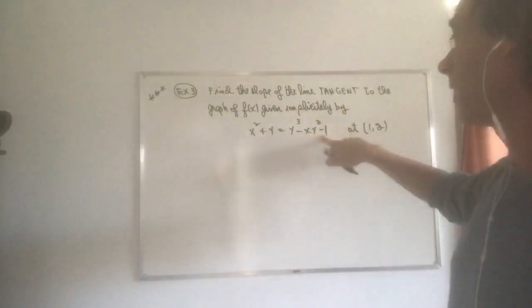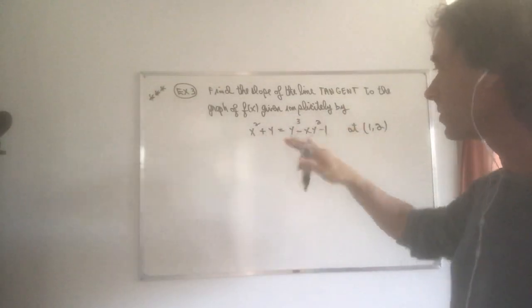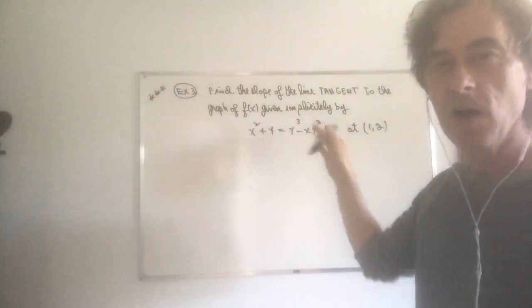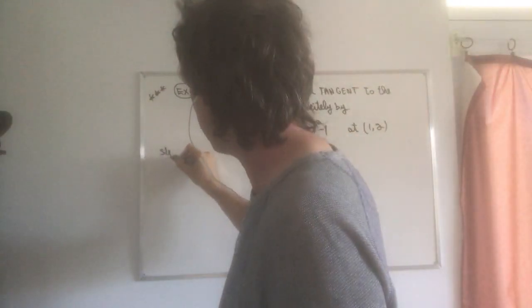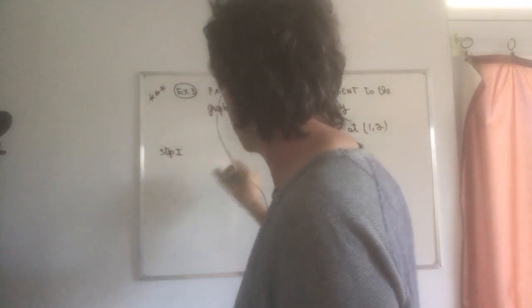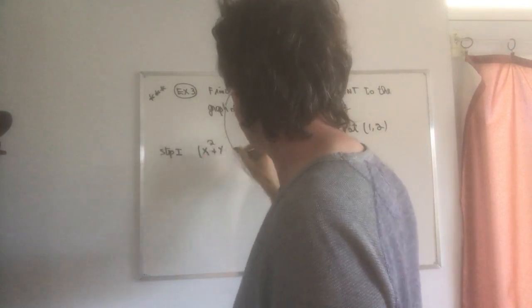I'm not even going to try to isolate y from here because there are y's and y squares and y cubes on either side. So let's go straight into our little technique. Let us do step 1 and let us prime both sides.